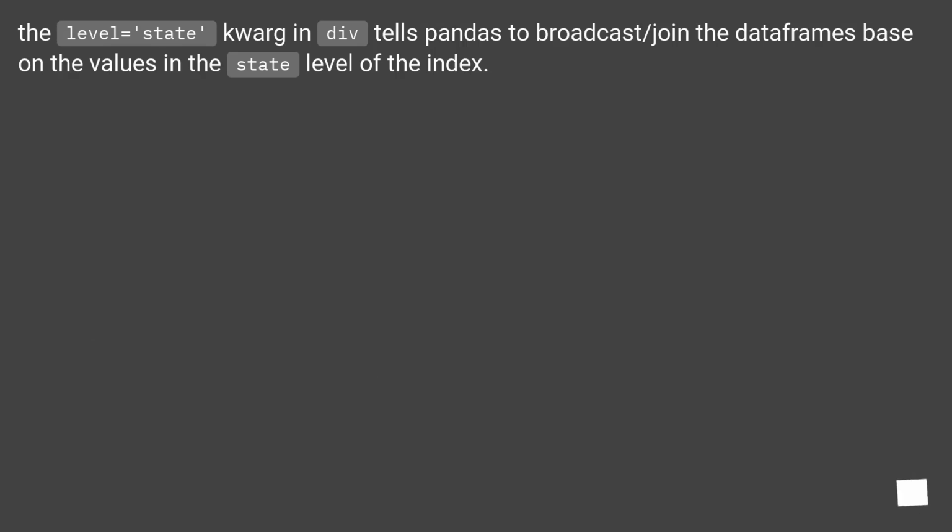The level equals state and div tells pandas to broadcast / join the data frames based on the values in the state level of the index.